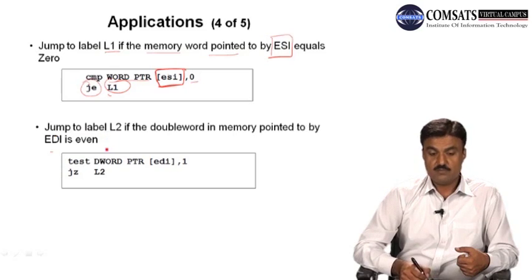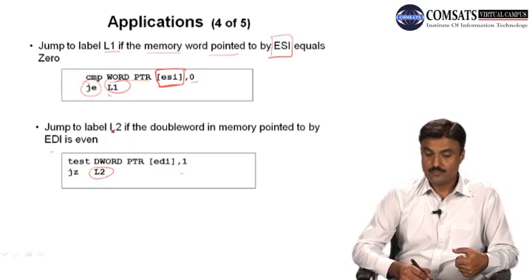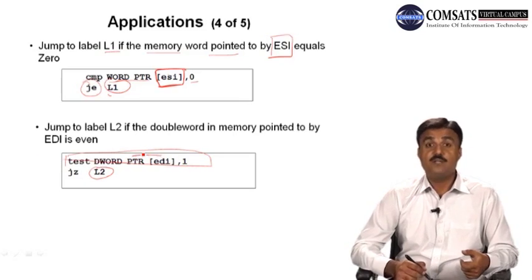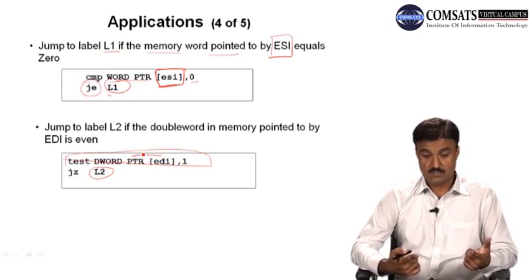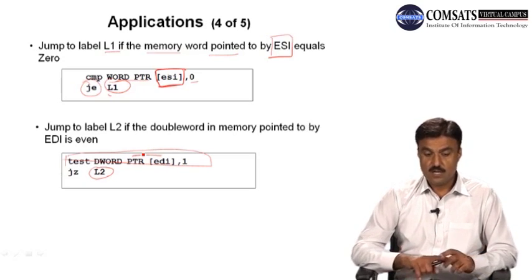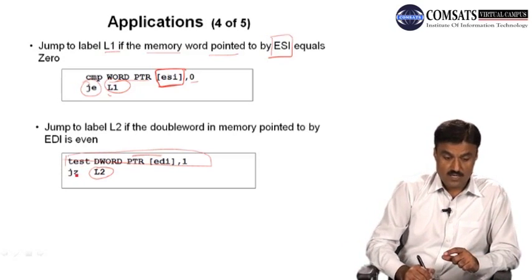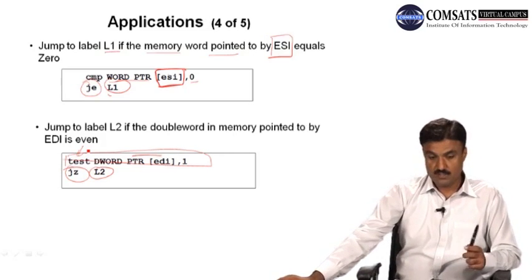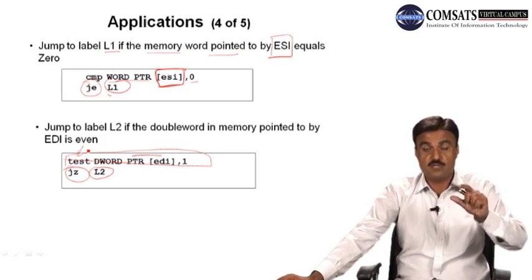Another jump goes to label 2 if the double word in memory pointed to by EDI is even. So we use the test instruction on whatever value is in memory at the address held in EDI. We already saw that the test instruction performs the AND operation.